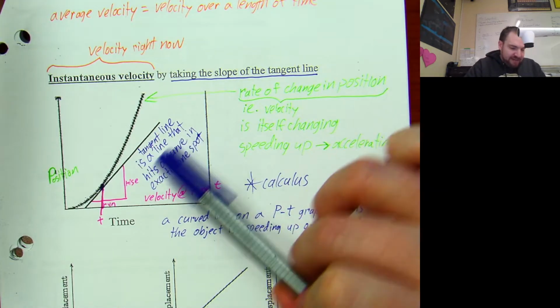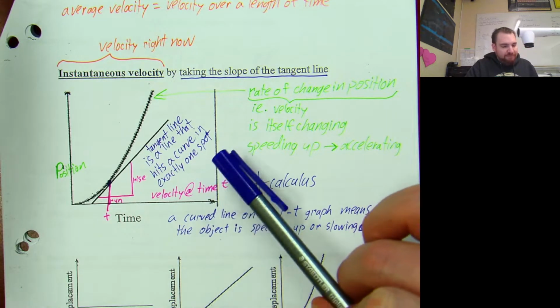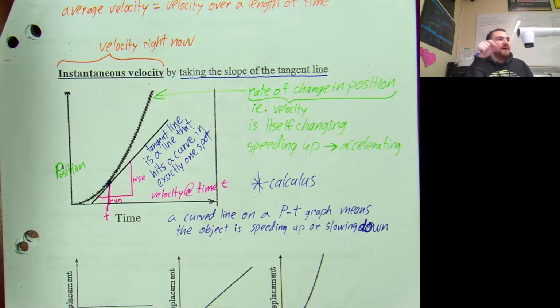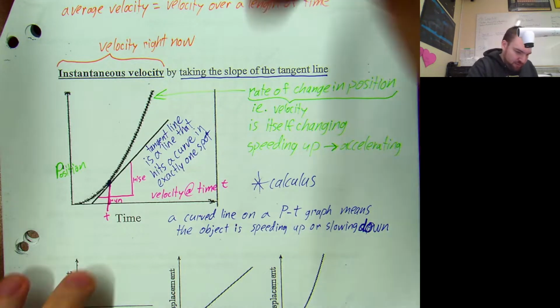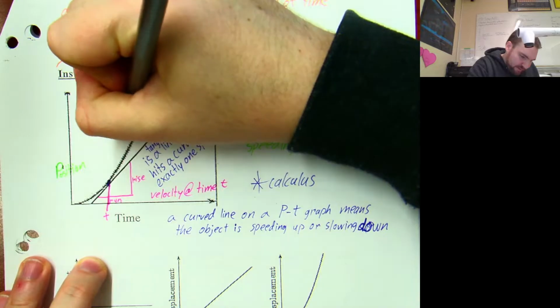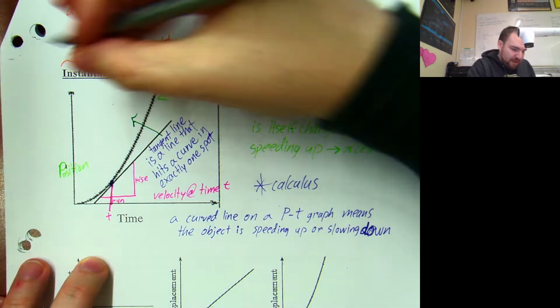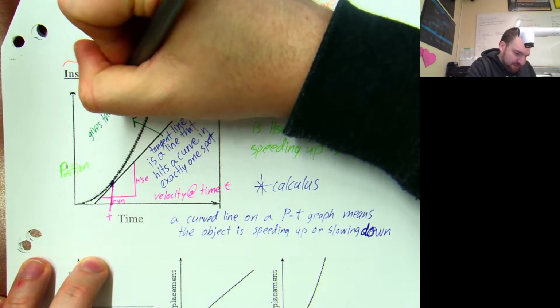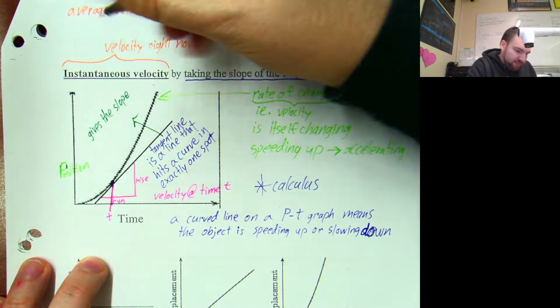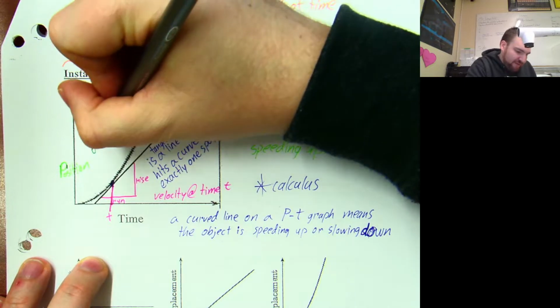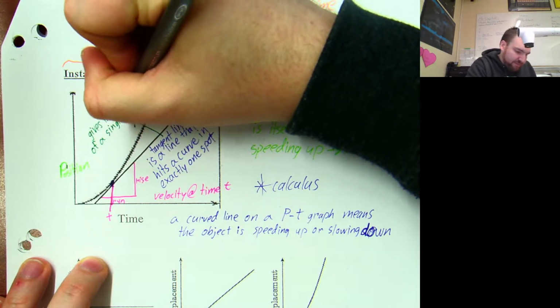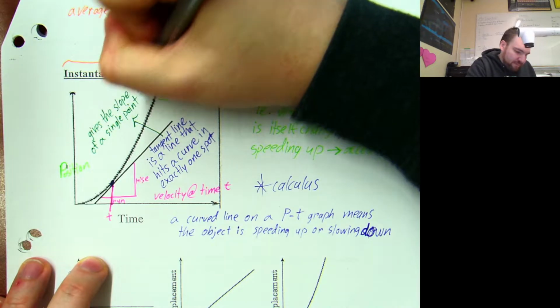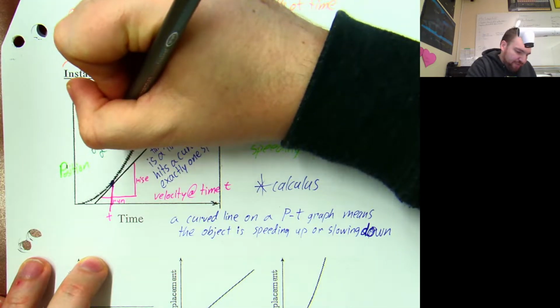I wrote that in here. Tangent line is the line that hits the curve at exactly one spot. And the job of the tangent line, I will write this here. The tangent line gives the slope of a single point on a curved line.